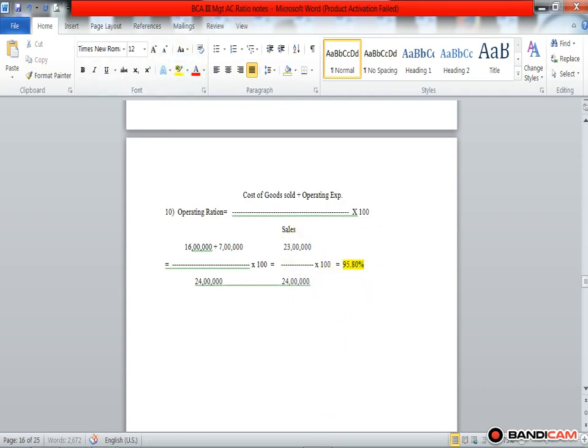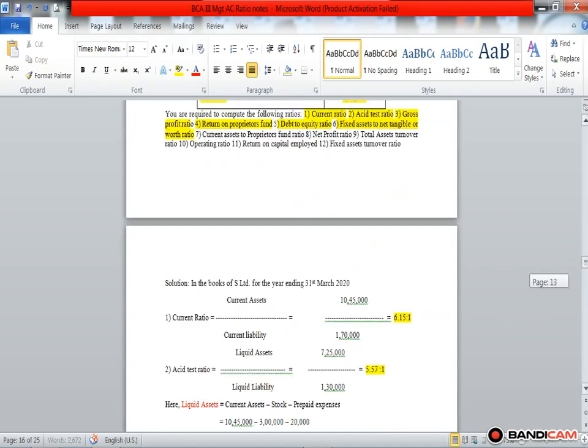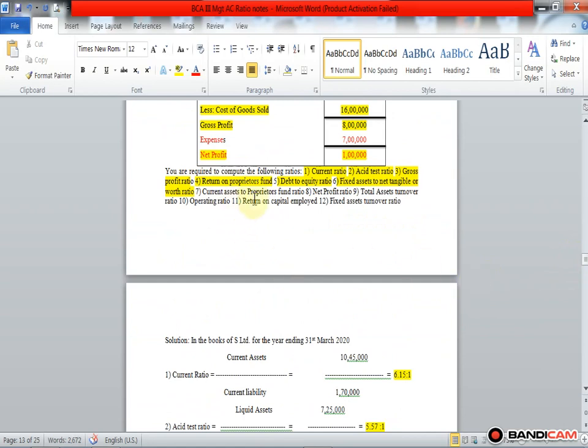Now we find out the second last ratio of this problem, that is return on capital employed.